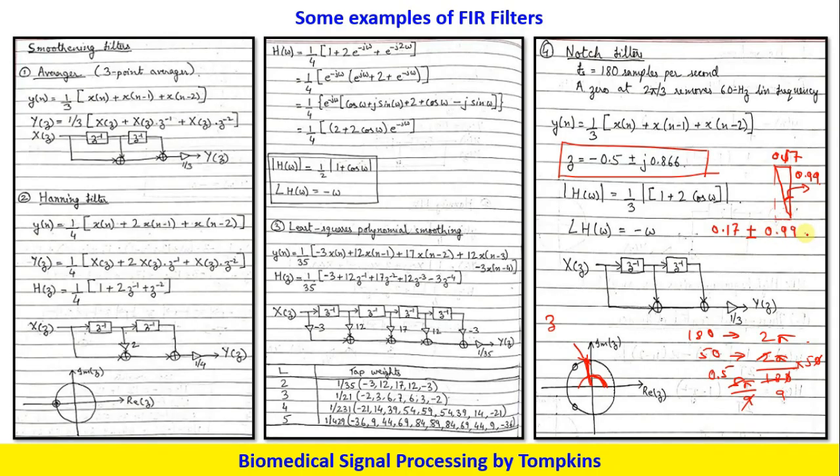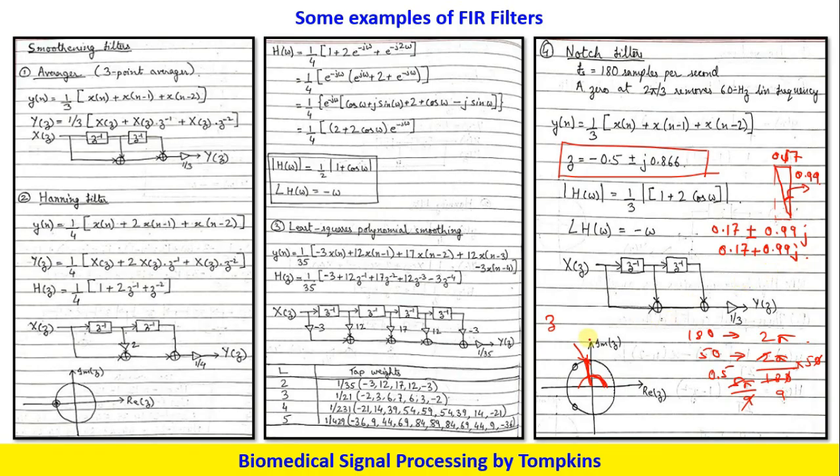0.99 j. So what we discussed in our filter designing by placement of poles and zeros, we will only be considering the upper part. So our zero location is 0.17 plus 0.99 j. Okay.